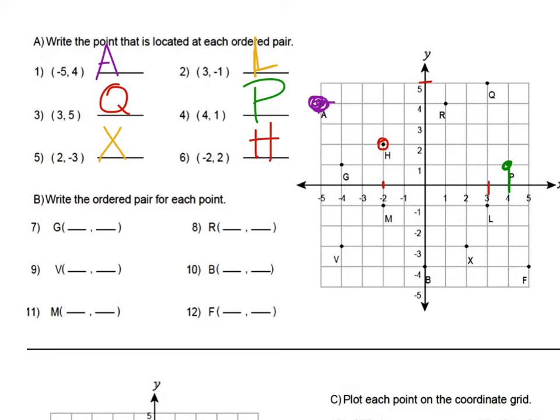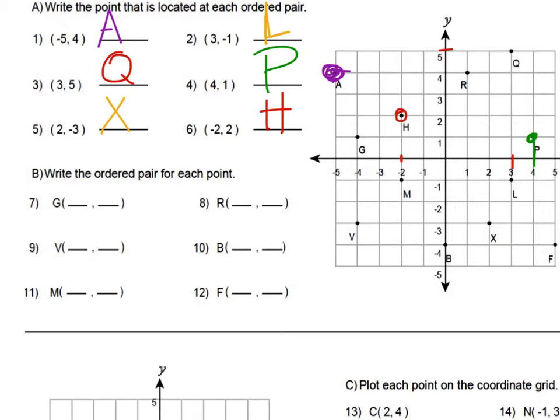All right. Okay, someone tell me the coordinates of G. (-4, 1). Very good. Tell us the coordinates for R. (1, 4). Very nice. What about V? (-3, -4). -4, -4? -3, -4?